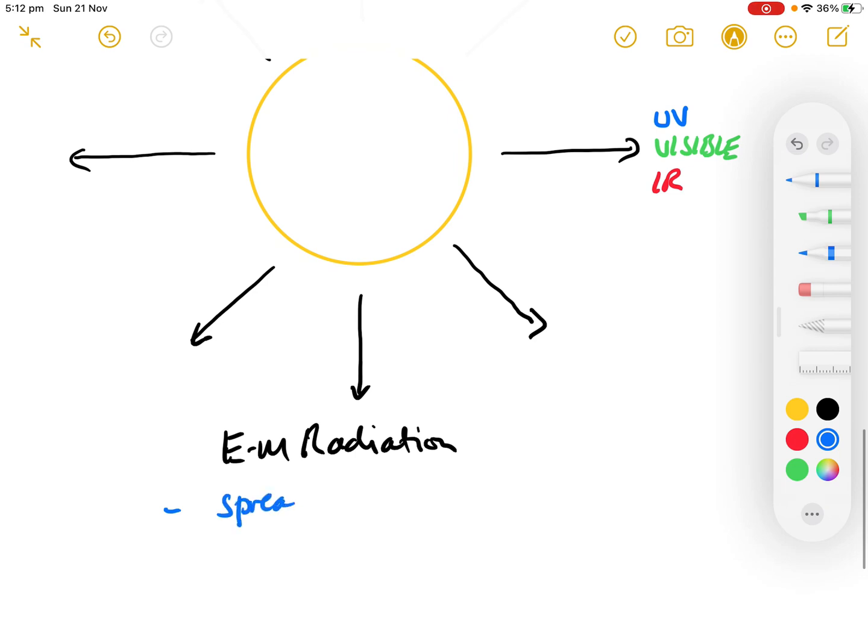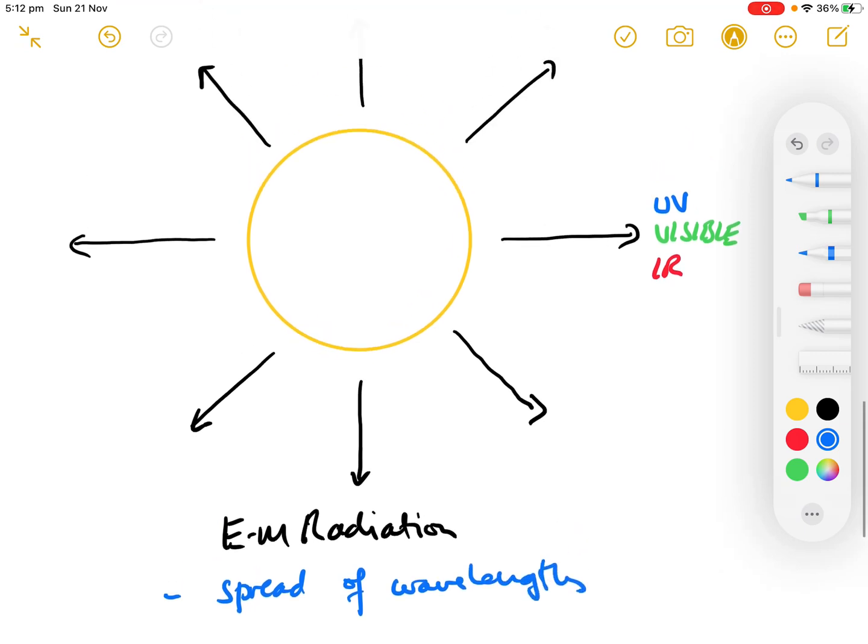So there's a spread of wavelengths being emitted by all stars. They don't just emit at one wavelength. Otherwise, of course, the sun wouldn't give us white light.